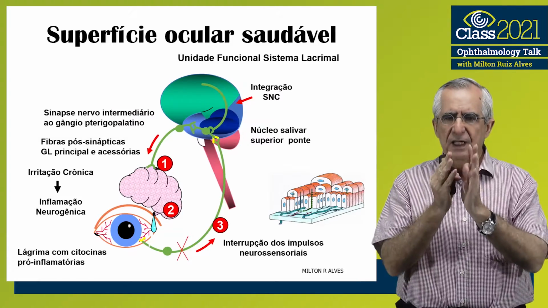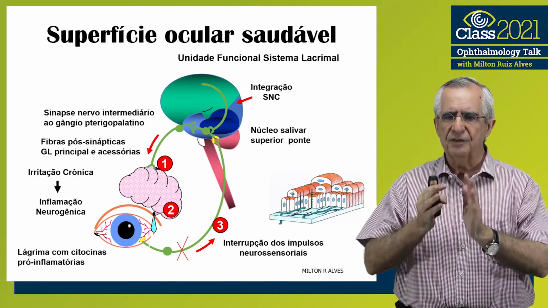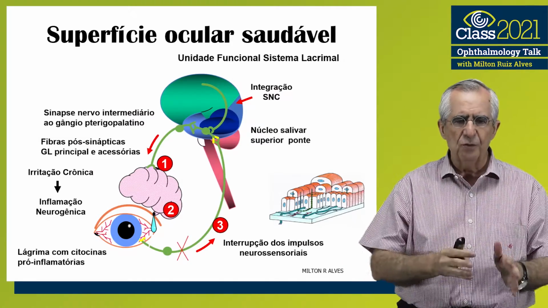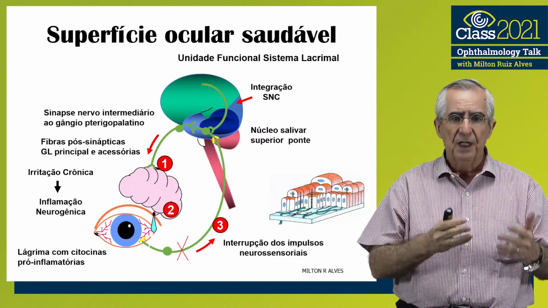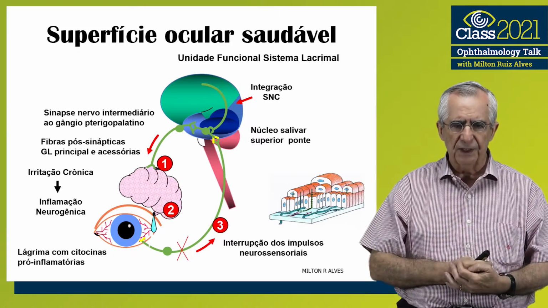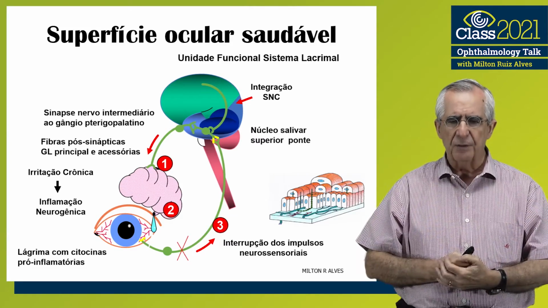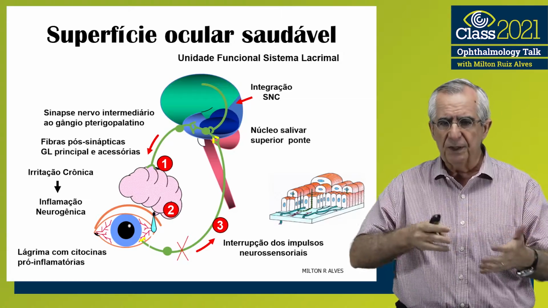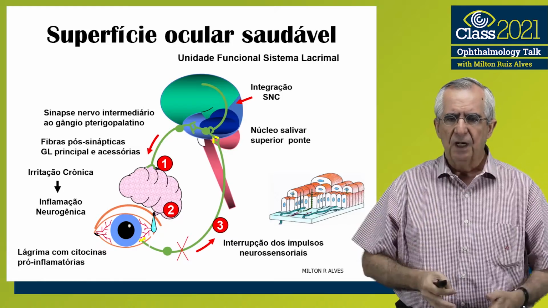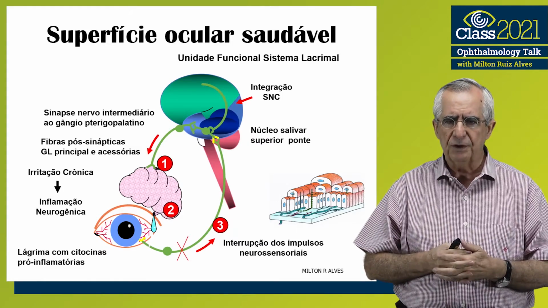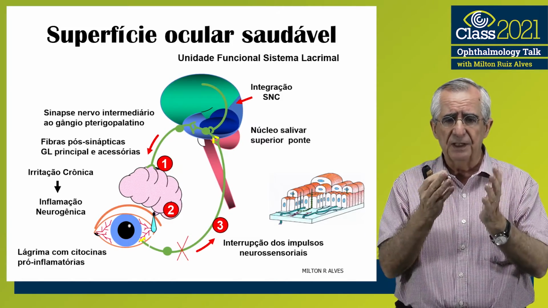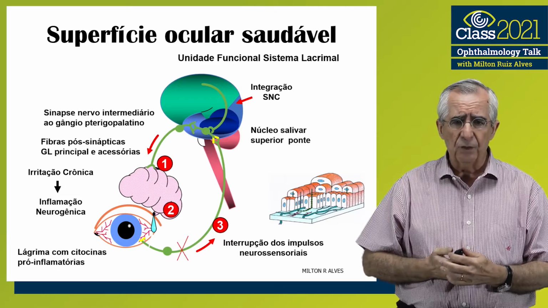The use of contact lenses can produce a chronic irritation accompanied by neurogenic inflammation, with pro-inflammatory cytokines in the tears that may eventually promote the interruption of sensory neural impulses to the superior salivary nucleus of the pons and interfere with the afferent pathway, which is important to maintain adequate lubrication of the ocular surface.